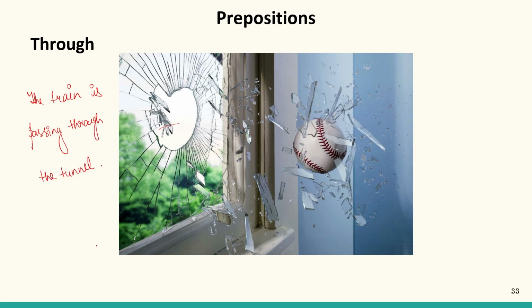By seeing this picture, we can say that the ball went through the glass or went through the window pane. So it is the preposition through which we have used over here. There is a difference between across and through. Across is generally to cross something, whereas through is to pass from inside something.